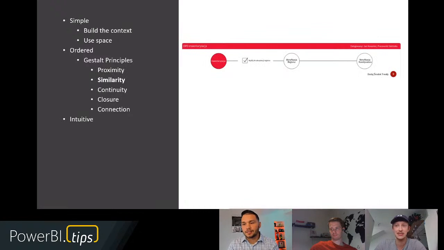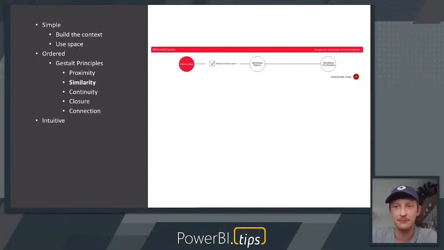The next principle is similarity, and this principle says that elements which look similar seem to be a group, and we can refer to the old saying that if it looks like a duck, swims like a duck, and quacks like a duck, then it probably is a duck.